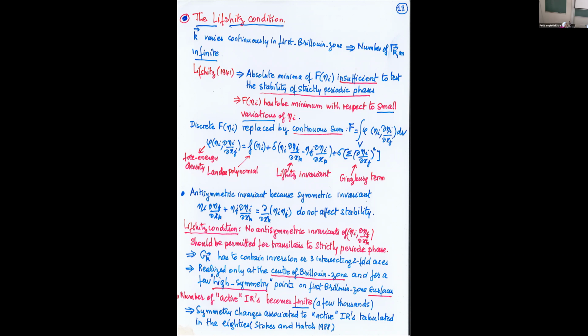The index chi has to contain either inversion or three intersecting twofold axes to forbid the Lifshitz invariant. And this is realized only at the center of the Brillouin zone and for a few high symmetry points, as they are called, of the first Brillouin zone surfaces.